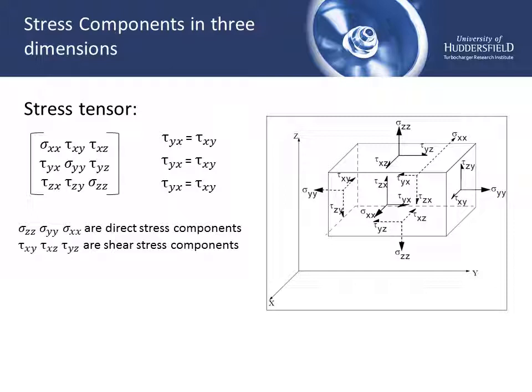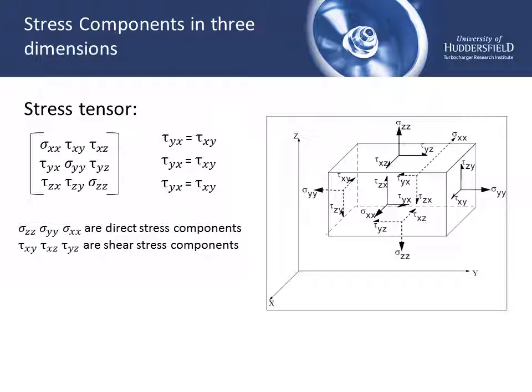In three dimensions, things get a little bit more complex again. Here we've got three direct stress components, usually referred to as the x, y and z stresses, and associated with them we will have in total 6 shear stress components, although they can be paired up.